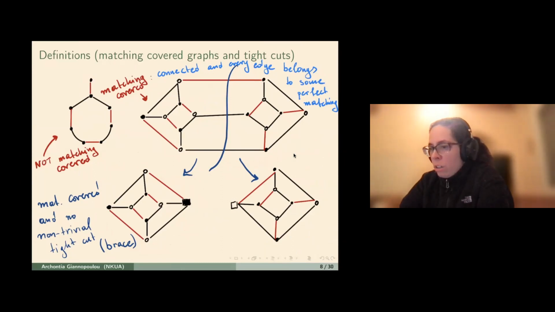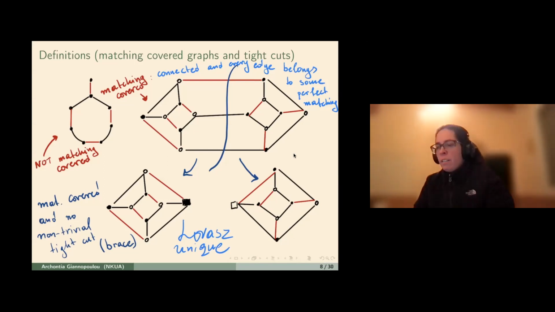And what was shown by Lovász is that the list of graphs we end with is unique, no matter how we cut, how we choose the tight cuts, or in which order we choose them. In the end, the list of graphs we will have will be the same.